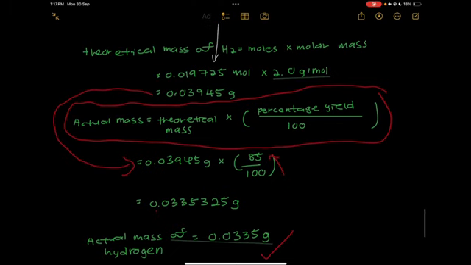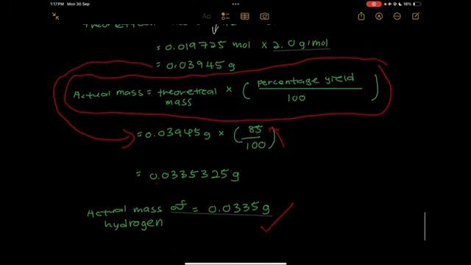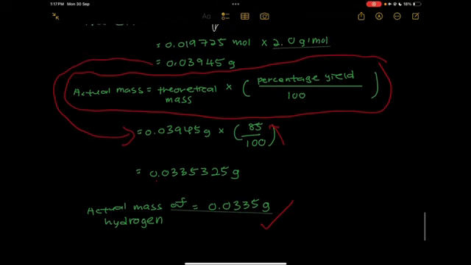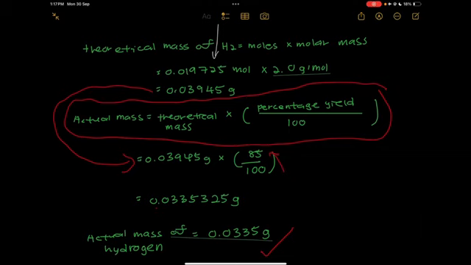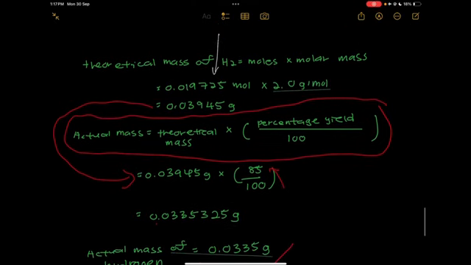After we get the theoretical mass, we can get the actual mass of hydrogen. The formula for actual mass is theoretical mass multiplied by percentage yield divided by 100.